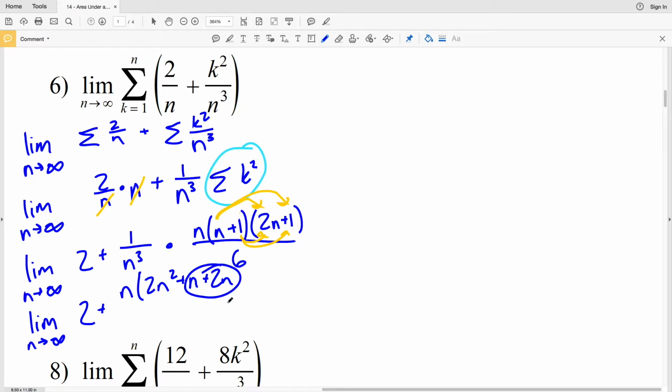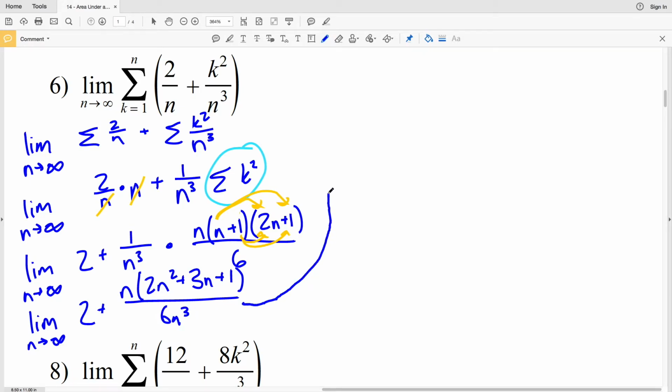However, I'm going to combine these terms because n plus 2n equals 3n. And that's going to be added to 1 times 1, which is 1. And this is all over n cubed times 6, or 6n cubed.